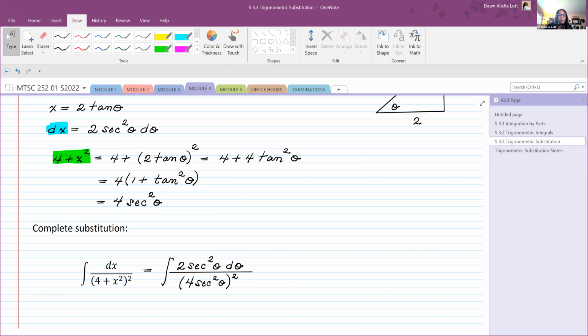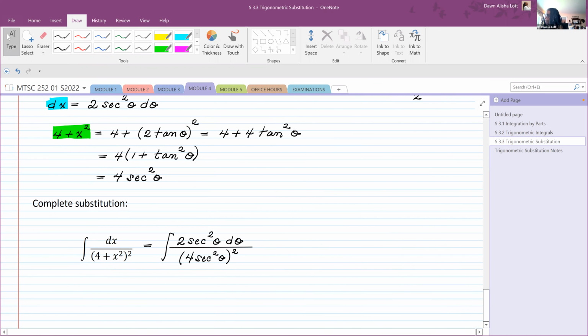So this becomes the integral. I have 2 over 16, so that's going to give me 1 over 8. Let's move the 1 over 8 to the outside. The integral, I have secant squared theta in the numerator, and in the denominator, I have secant to the 4th of theta.